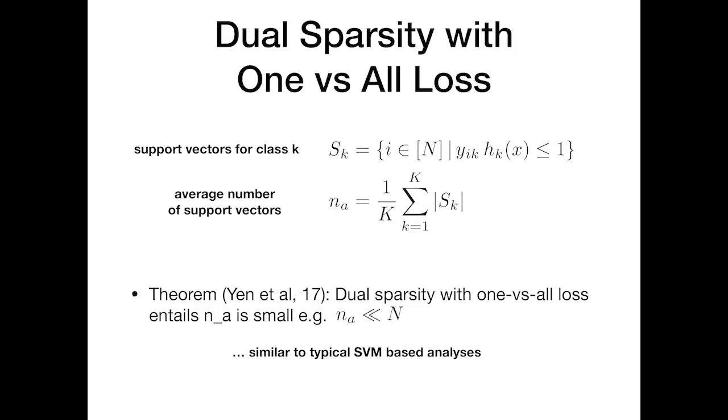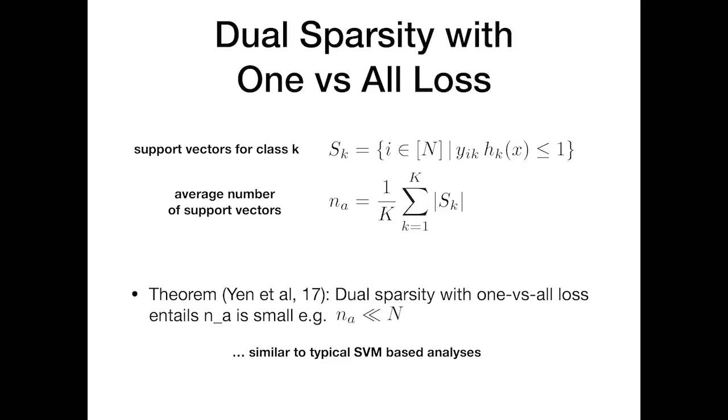So let me give you a slightly more intuitive but slightly different assumption, which is based on support vectors. Here, I'm going to focus on a single hyperplane, let's say the hyperplane for class K, and focus on all the samples that are going to fall within the margin. These would be the support vectors in the non-realizable case. So these are the set of all i's from 1 through n such that yik times hk is less than or equal to 1.